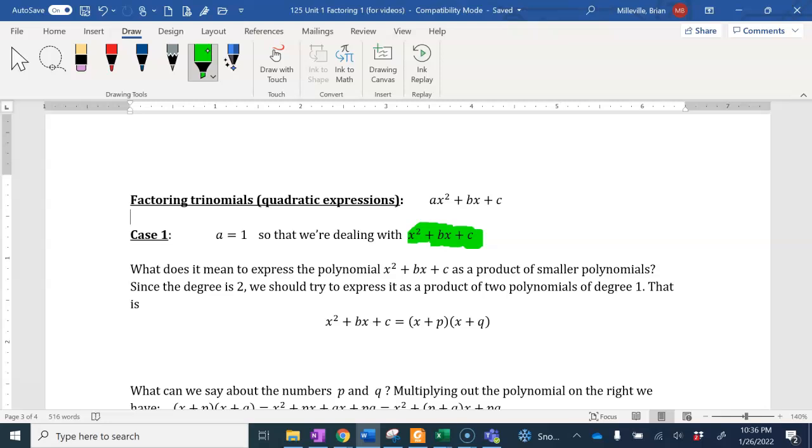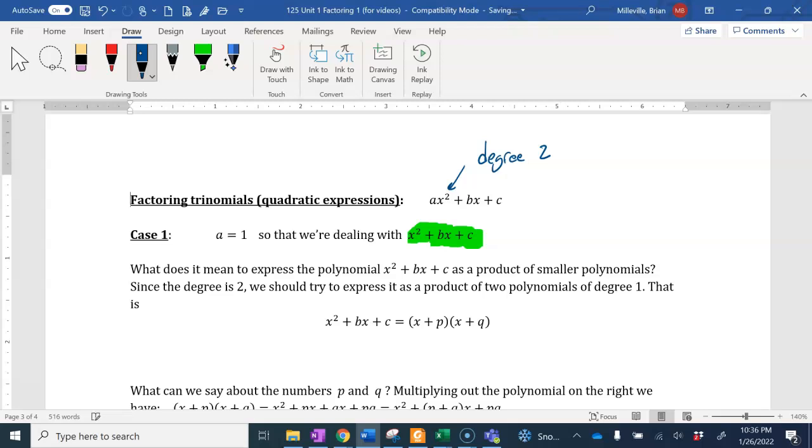Now again, keep in mind our overall goal: to rewrite this as a product of smaller polynomials. What does that mean? We're talking about a degree 2 polynomial, and remember, the degree of a polynomial is the highest power of x we have in the polynomial. For this one, the degree is 2 because we're dealing with x squared.